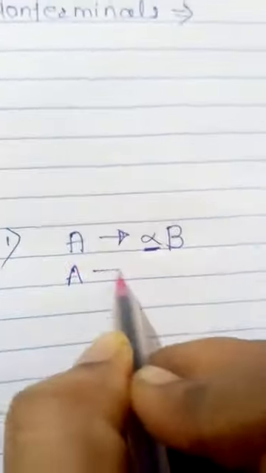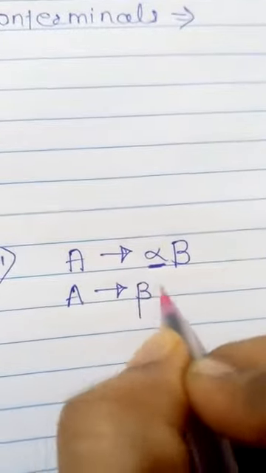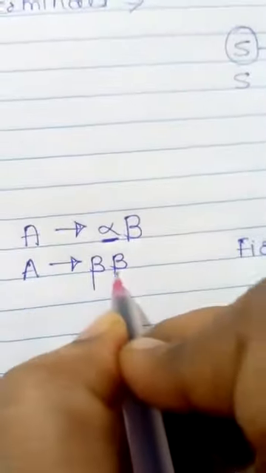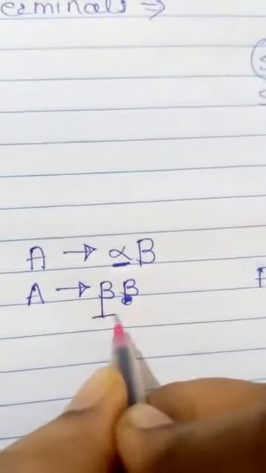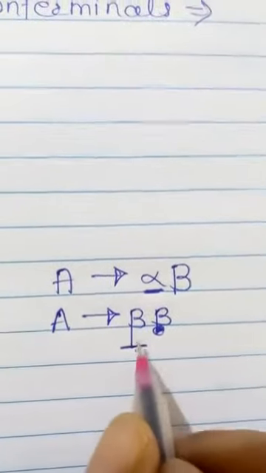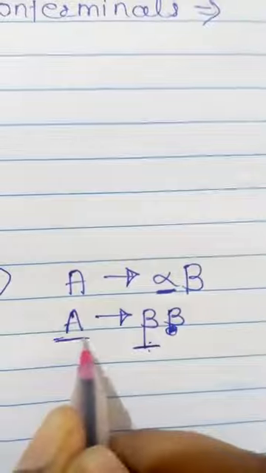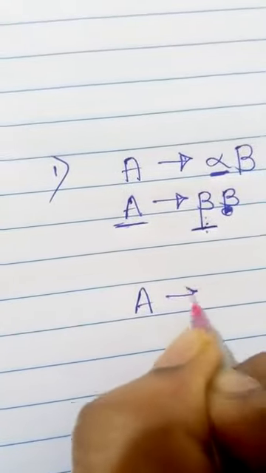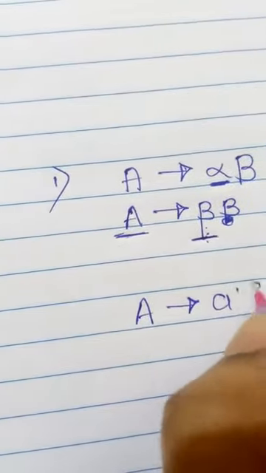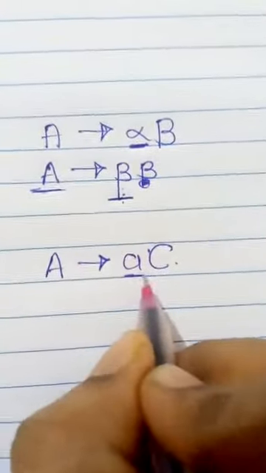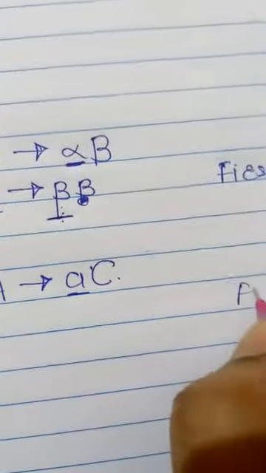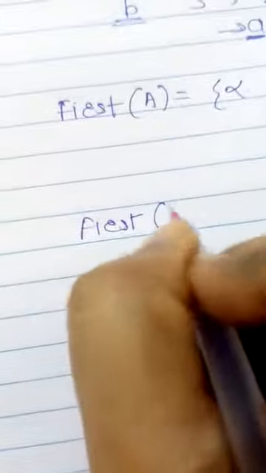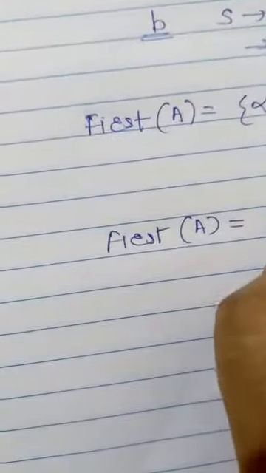Okay, now the second rule says, if A gives you beta B, and if beta is a non-terminal, then first of A will have first of beta in it. For example, if I say A gives me a C, here a is my terminal, yes, so first of A will always have a in it.